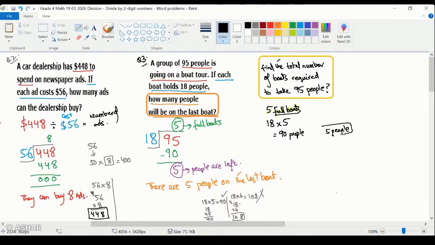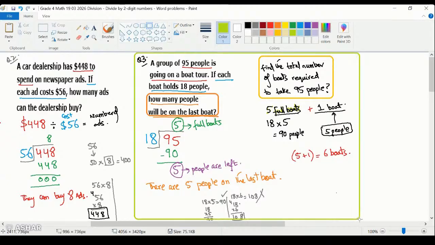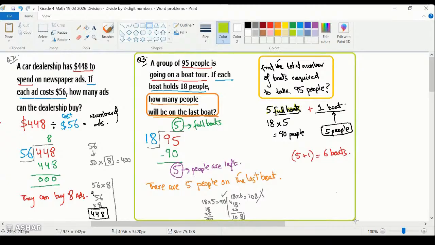These 5 people also have to travel, so they would be on one boat which is not completely filled. Agreed? So what is the total number of boats required? That would be 5 plus 1, that equals 6 boats are required to shift 95 people. Do we agree on this?